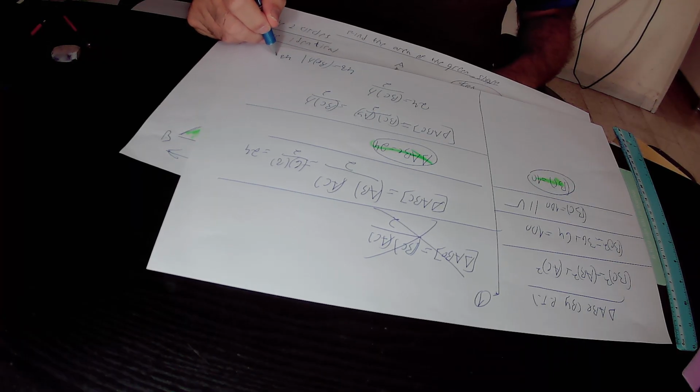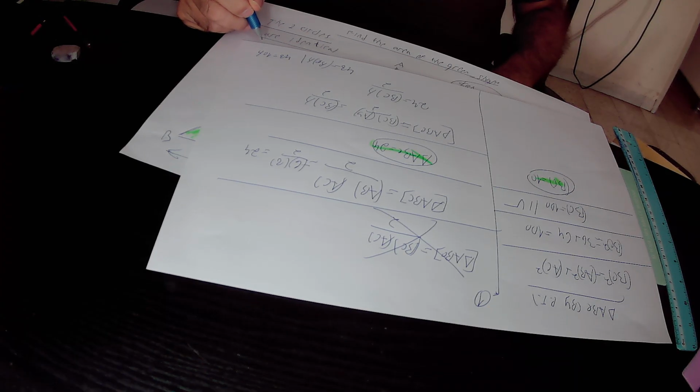So 48 equals 10 times H. Here we divide this equation by 10, and we get that the height H is equal to 48 over 10, which is 4.8.